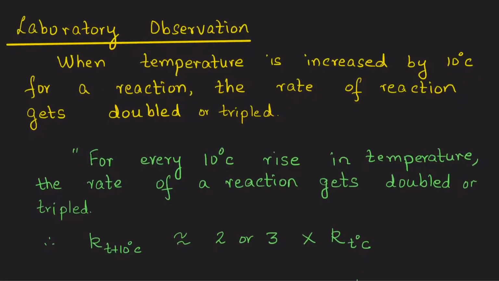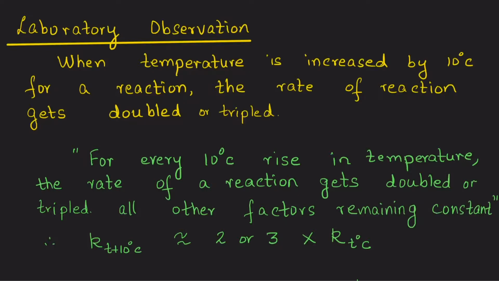The same observation many a time you would find written as a statement: for every 10 degrees Celsius rise in temperature, the rate of a reaction gets doubled or tripled, provided all other factors remain constant, because we are dealing with one factor at a time.